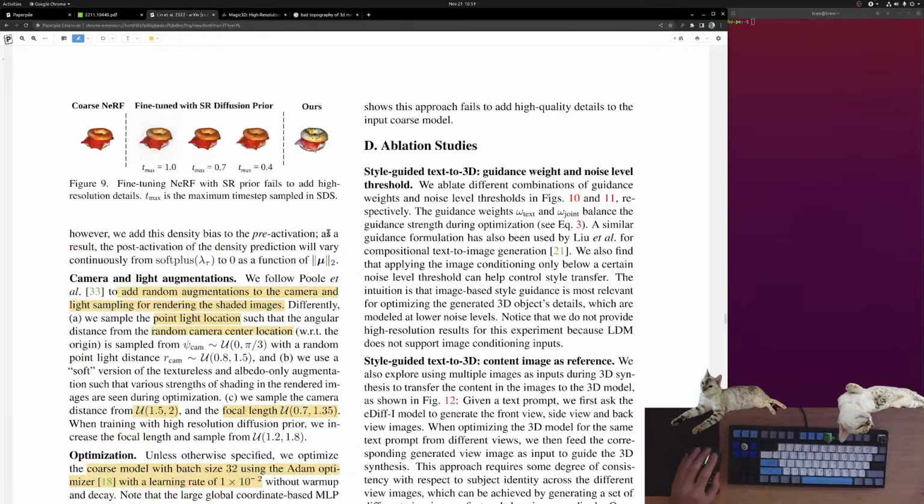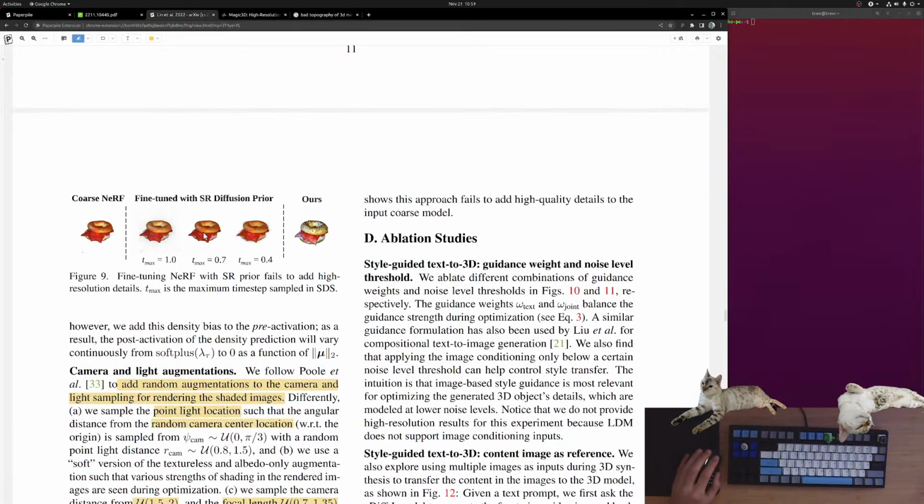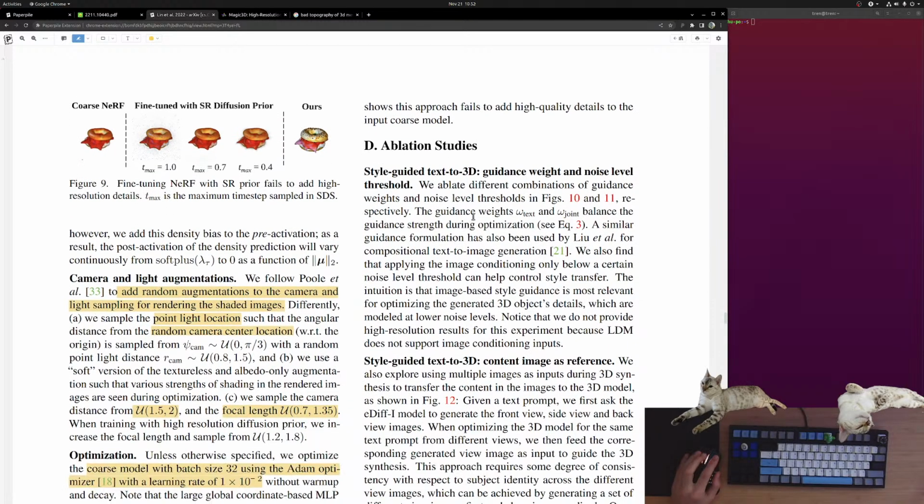And they're showing you here that it doesn't necessarily add anything. It's an ablation study.